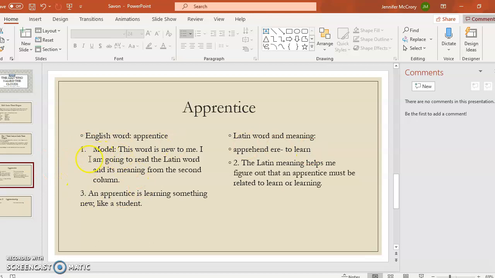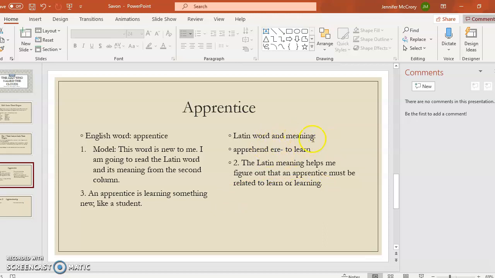So I'm going to go back over here to my step 1, and I'm going to model that this word is new to me. I'm going to read the Latin word and its meaning from the second column, which is what we just did. We read the word. Now look at number 2. The Latin meaning helps me to figure out that an apprentice must be related to learn or learning.